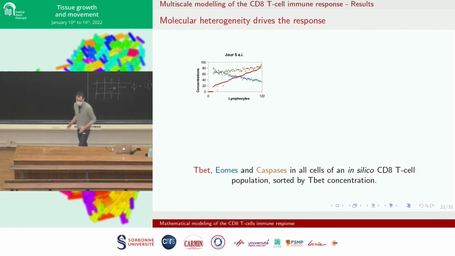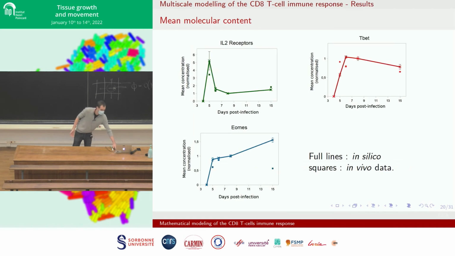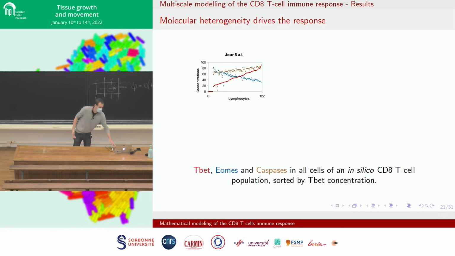And actually, it's not very interesting to look at the mean expression value of proteins to understand what is going on. So I will finish with this simulation result where we can see the concentration of those 3 proteins in each cell of the population. So this is the result at day 5 after infection.